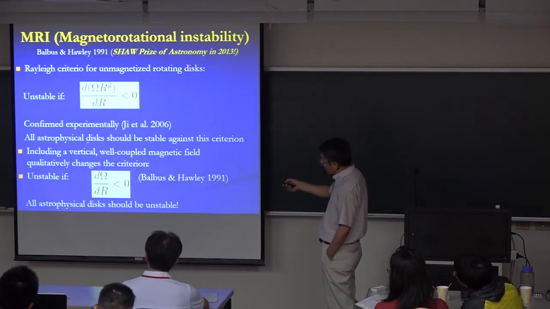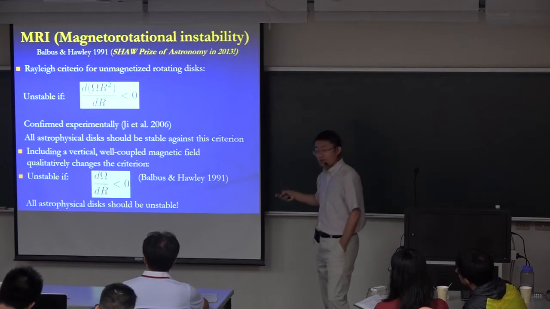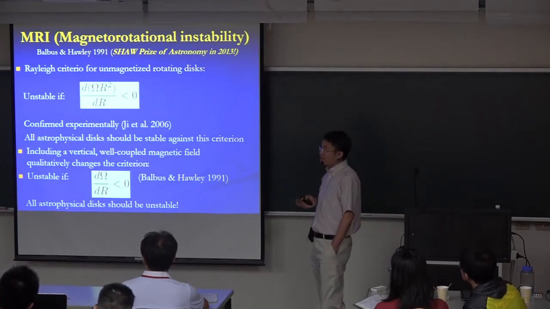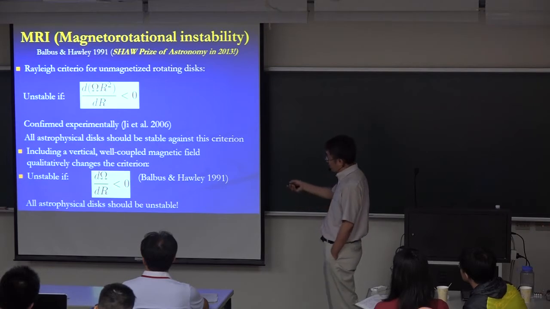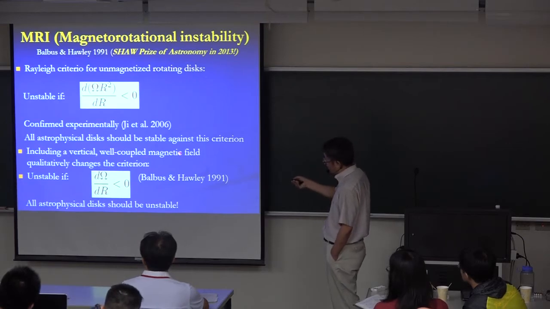However, whenever we have a vertical magnetic field, and this magnetic field is well coupled with the gas, which is almost always satisfied in astrophysics, especially in black hole accretion, because in a black hole accretion disk the gas is at least partially ionized, so it is well coupled with the magnetic field.